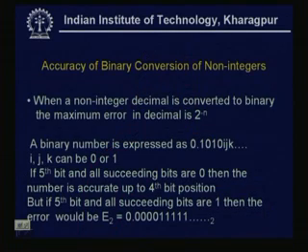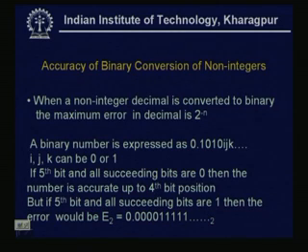Say n can be 4, that means after the decimal point I can take 4 digits, 5 digits, or say 9 digits, but still the fraction part does not become 0, but we stop. This is called truncated to some n digits.